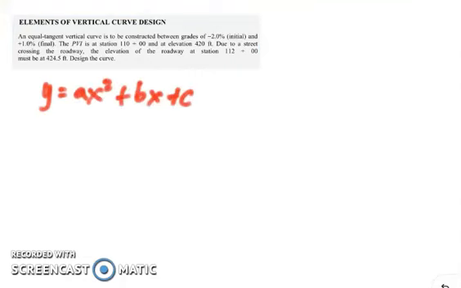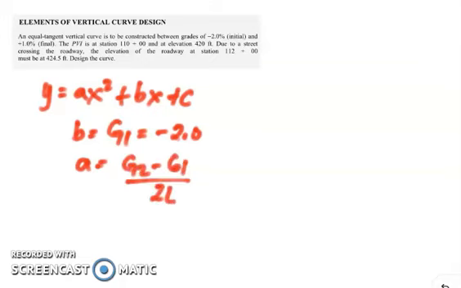So we have to identify our b and our a. Our b here is g sub 1, which is our initial grade, negative 2.0, and our a here is g sub 2 minus g sub 1 all over 2L.